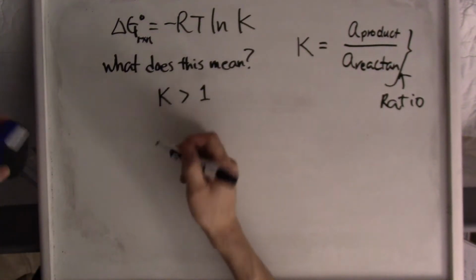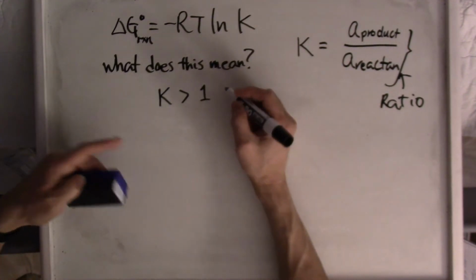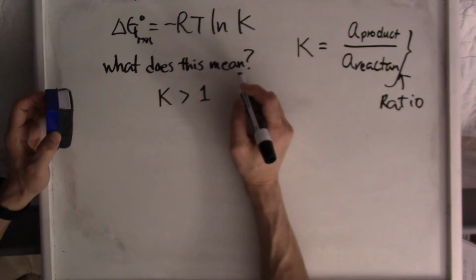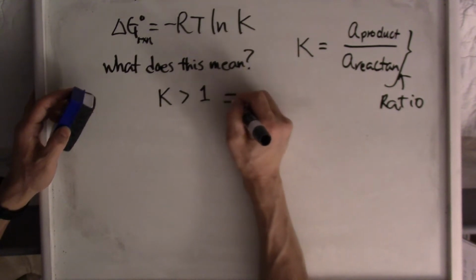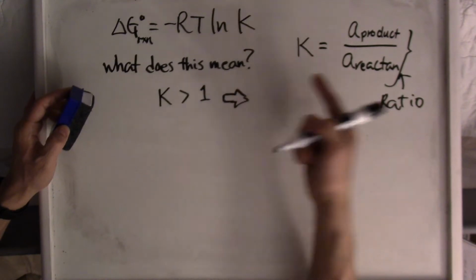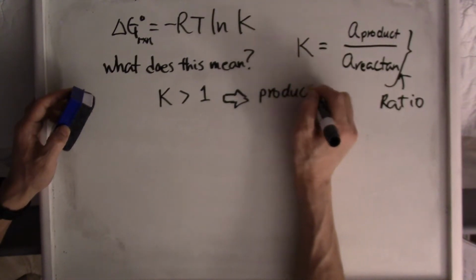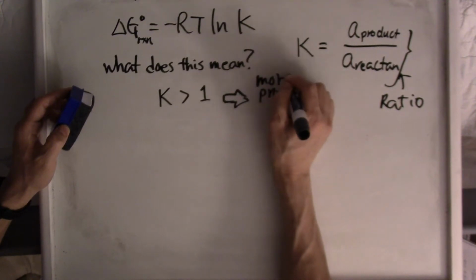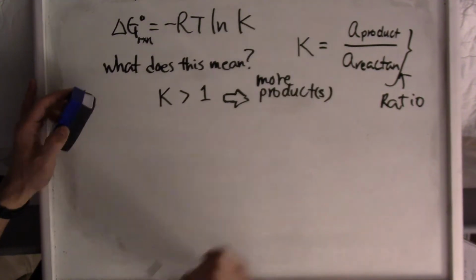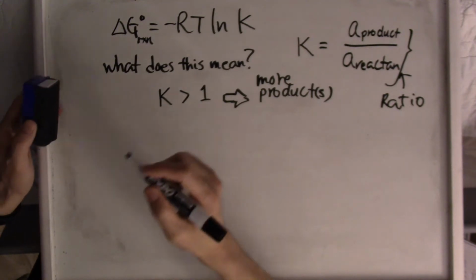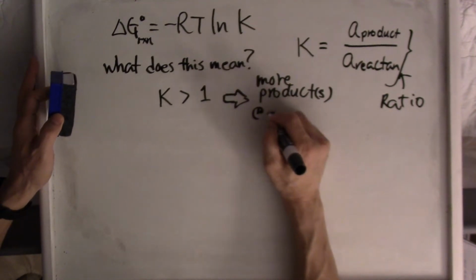So equilibrium constant greater than 1 means you have more product dominant. So you can call them more products at equilibrium.